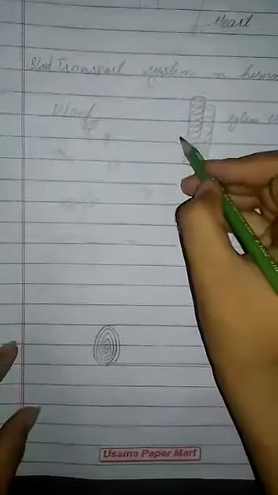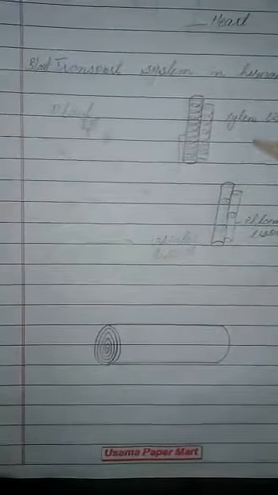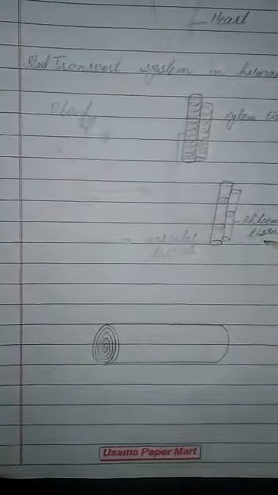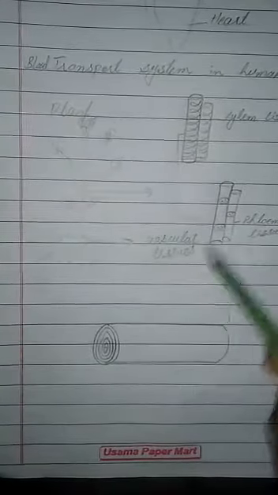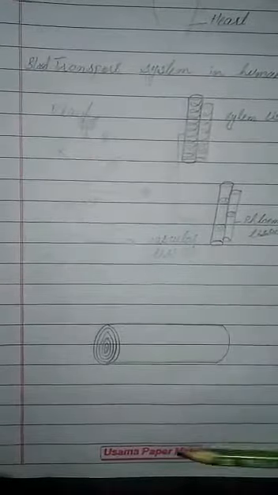Both these tissues are collectively called vascular tissues. So, what are vascular tissues? Xylem tissues and phloem tissues altogether are called vascular tissues. They help in the transport system of plants.